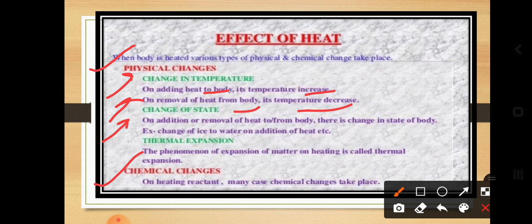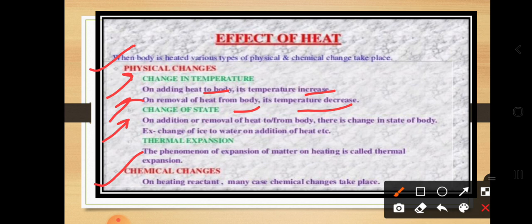Next is the change in state. Sometimes, due to high temperature, things evaporate. Evaporate means liquid substances are converted into gaseous substances. Okay. If the temperature is low, then liquid substances can be converted into solid state.